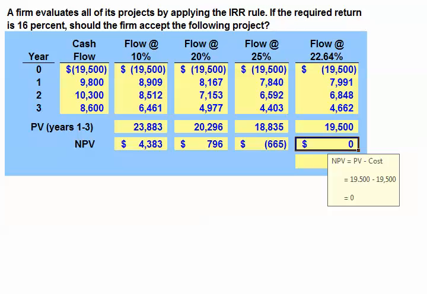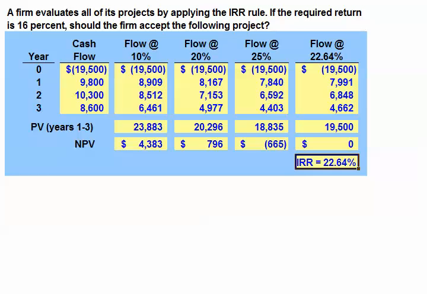So the net present value is 0. This means that our internal rate of return for our project is 22.64%. If the firm had a required rate of return of 16%, since our internal rate of return, or IRR, is greater than our required rate of return, we would accept the project.